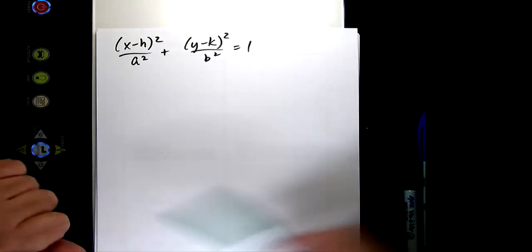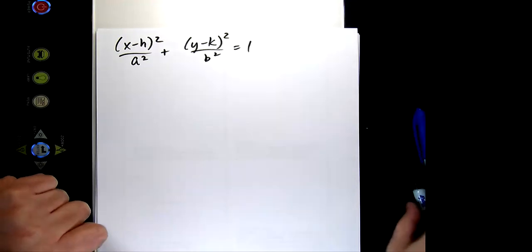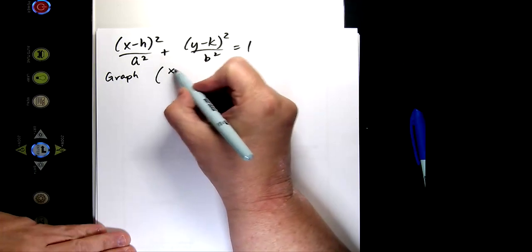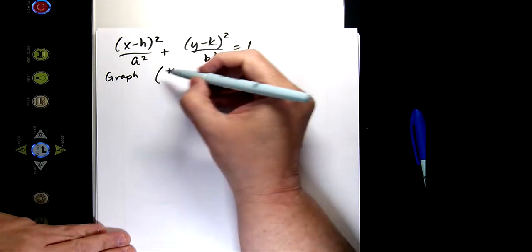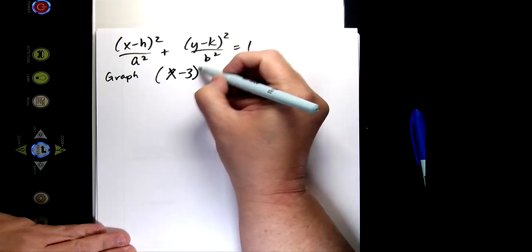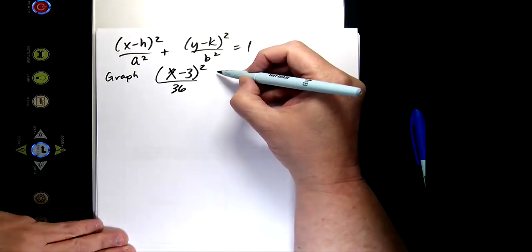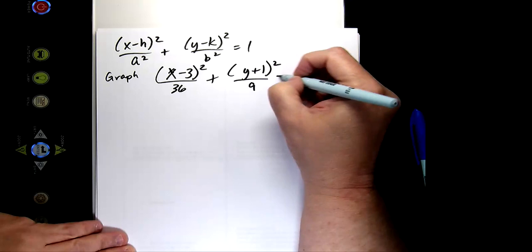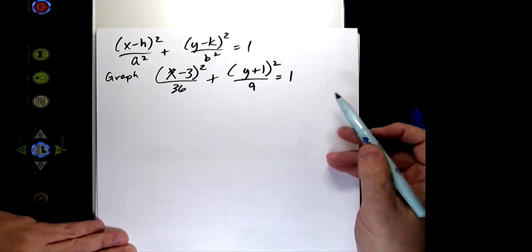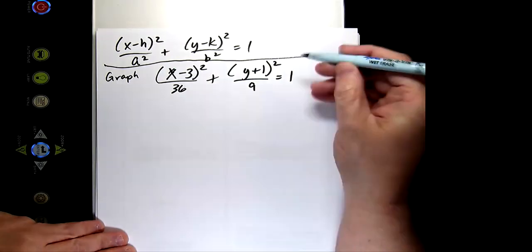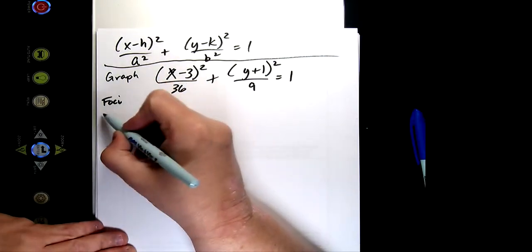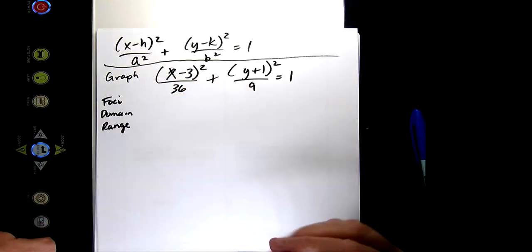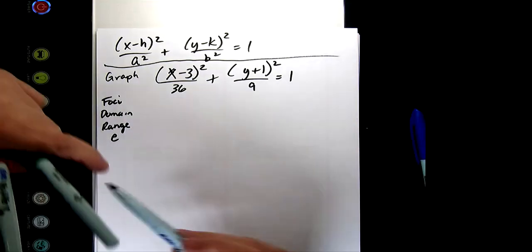Let's graph (x - 3)² over 36 plus (y + 1)² over 9 = 1. So we're going to graph that. We'll do the foci, domain, and range. Let's find the eccentricity. Let's do it all.